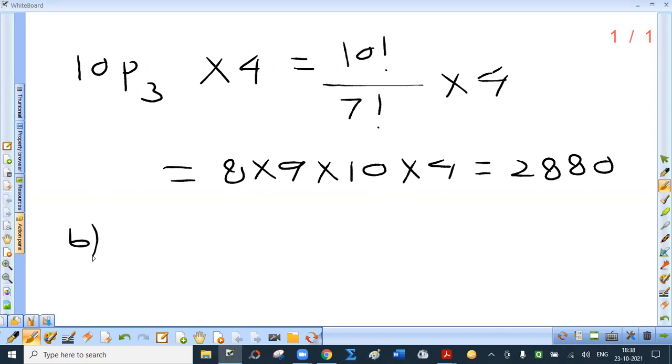B part. Specified object never occurs. Therefore, four objects are to be arranged from the remaining 10 objects.